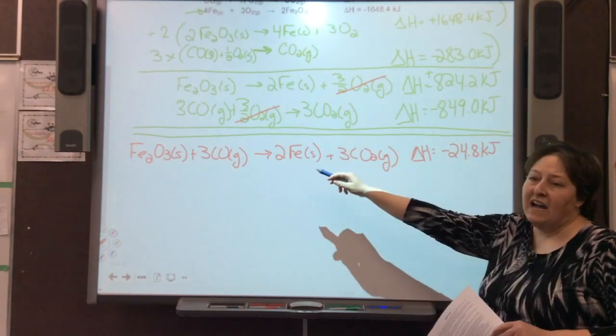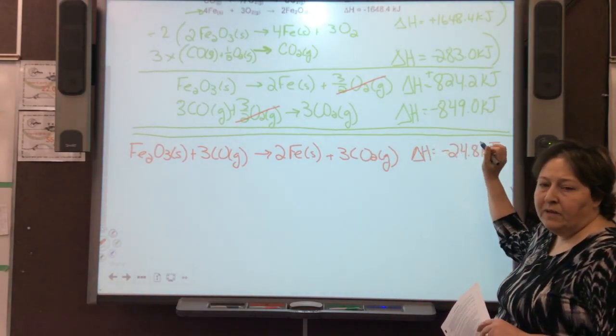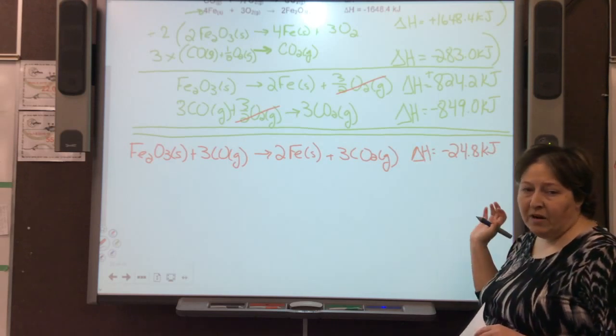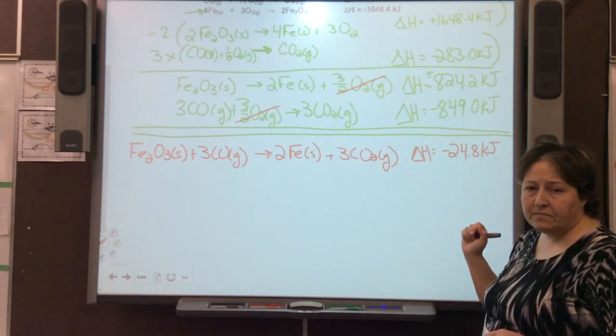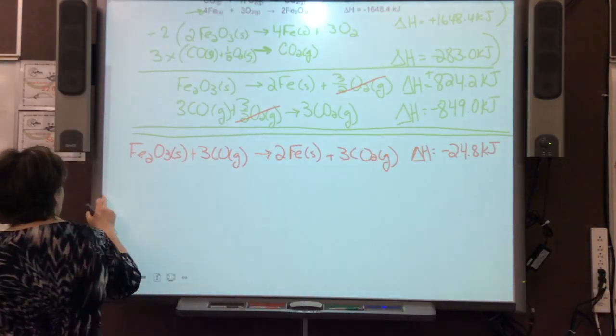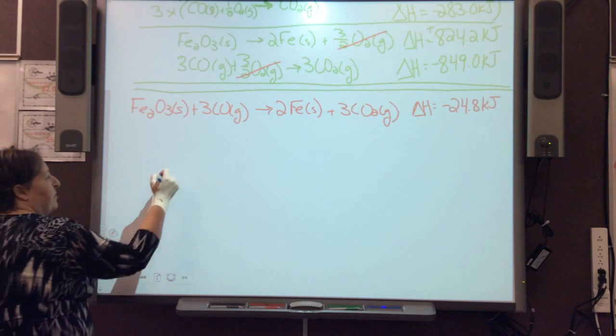So for this reaction to happen, our enthalpy change is negative 24.8. Is it exothermic or endothermic? It's exothermic. From there, we can draw a potential energy diagram.